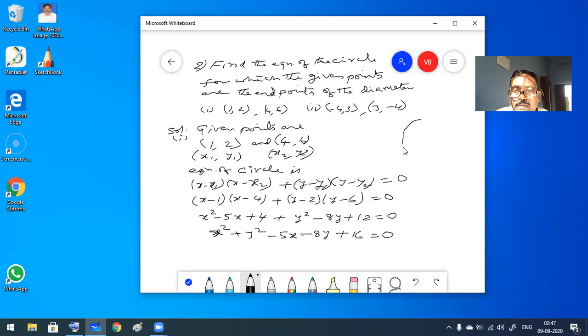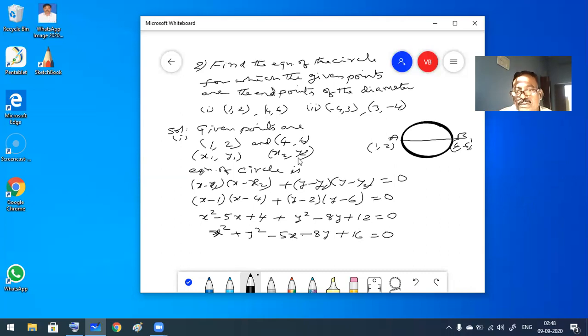The end points of the diameter A, B. So this is 1 comma 2 and this is 4 comma 6.